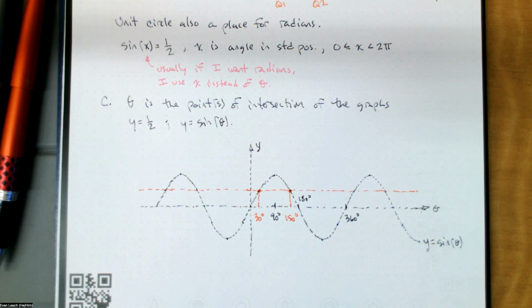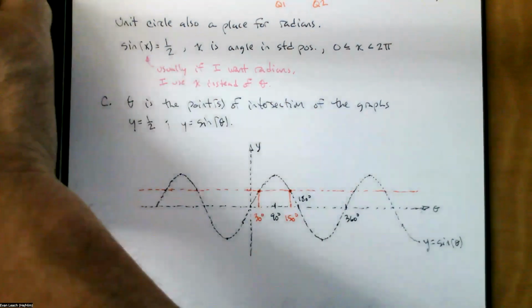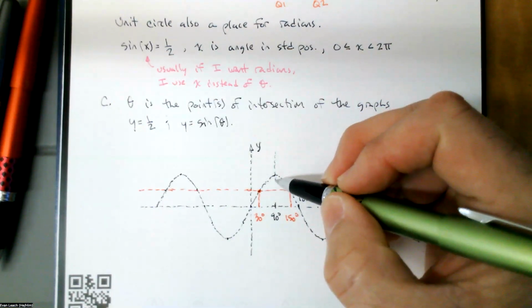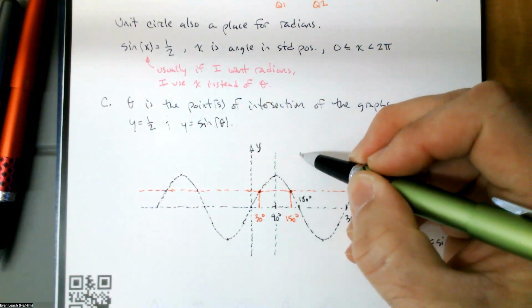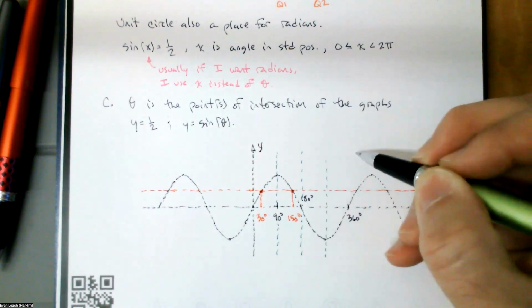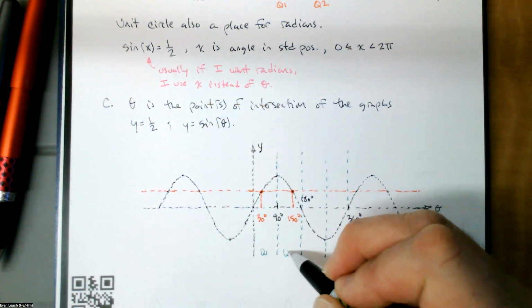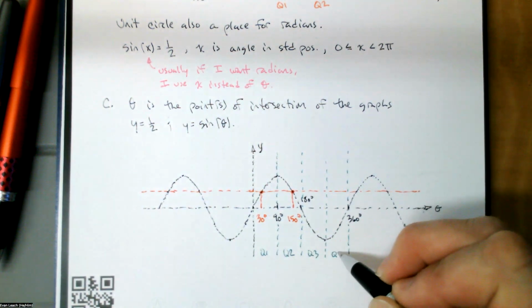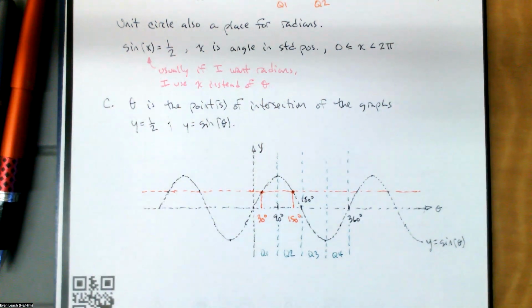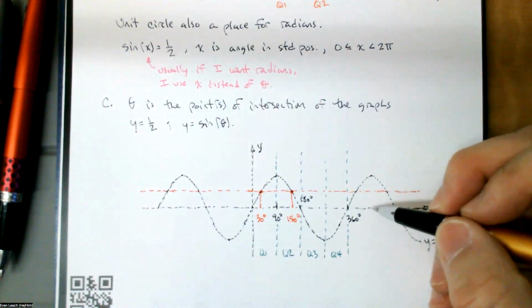Also note that we have more than 4 solutions, because once we've gone around quadrant 1, 2, 3, and 4, we get another copy of quadrants 1, 2, 3, and 4.